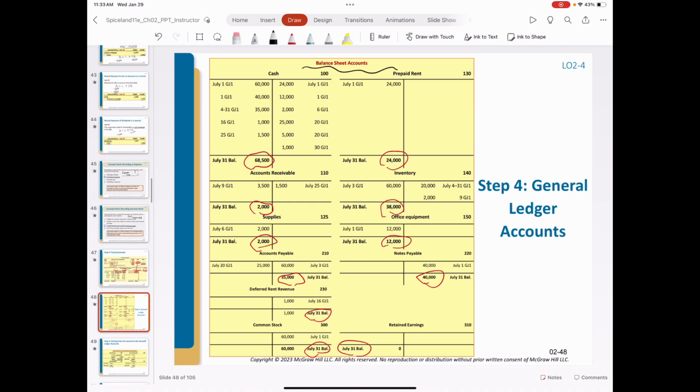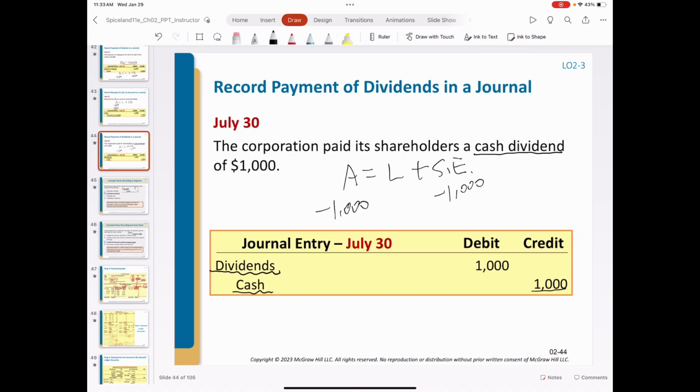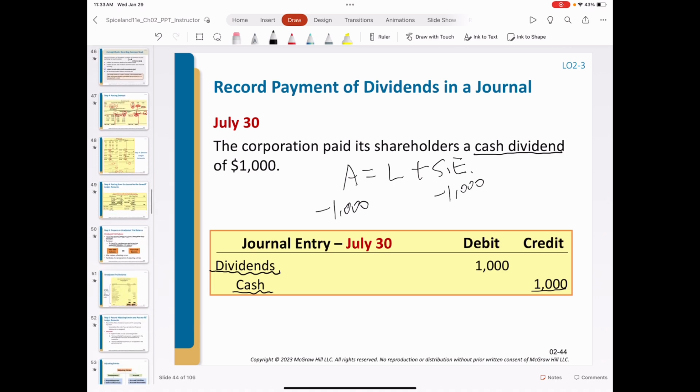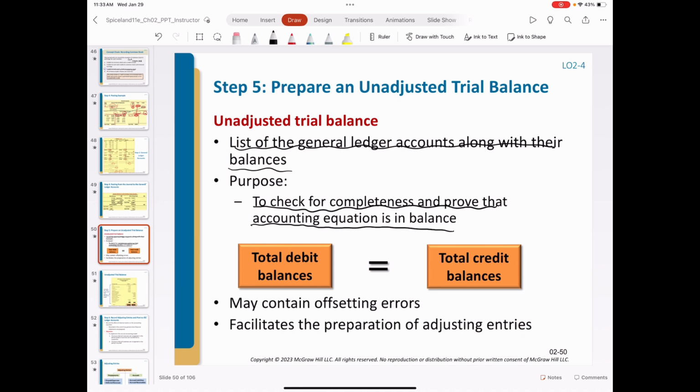But finally, because these are all from journal entries, without errors or mistakes, the total debit equals total credit is guaranteed. That's the purpose of the trial balance. If this is not the case, we need to go back and check the general ledger and the journal to find any errors or mistakes.